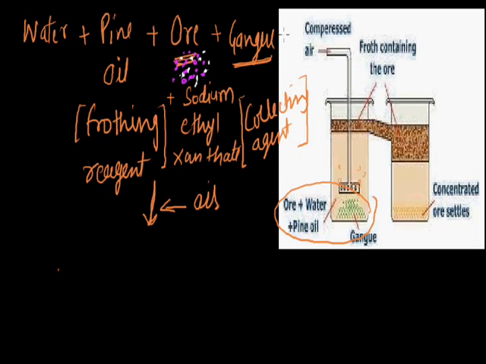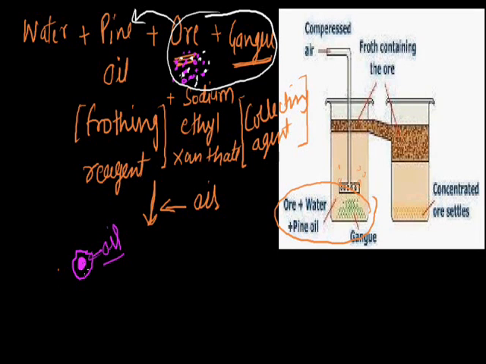When we introduce this impure ore, ore plus gangue, into pine oil plus water and sodium ethyl xanthate, the ore particles become wet by oil, so they will be covered by oil, and the impurity particles will be wet by water.